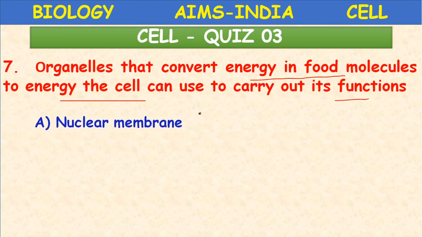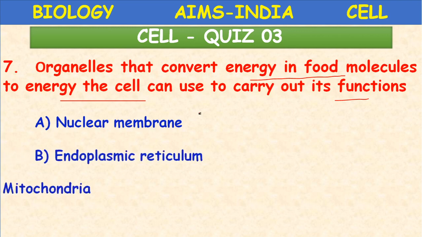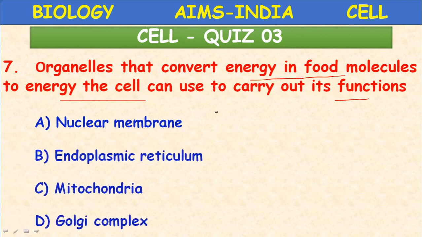Chemical energy is converted into metabolic energy in the living system, that is in the cell. So in which organelle does this process of conversion of energy present in the food into chemical energy, which is utilized for several functions, take place? What is that organelle, children?